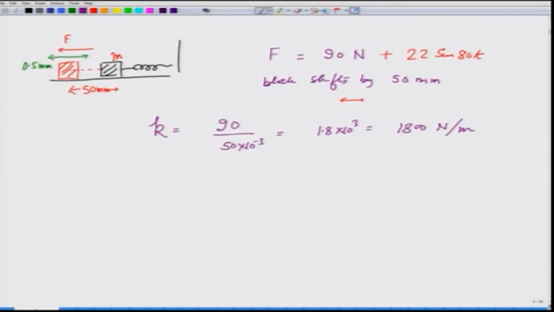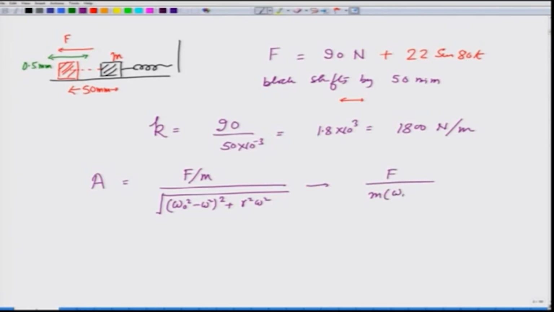So, we have got this k, and now the amplitude of the oscillation without any damping coefficient is given by f over m divided by square root of omega 0 square minus omega square whole square plus gamma square omega square, which goes over to f over m times omega 0 square minus omega square for no damping case.